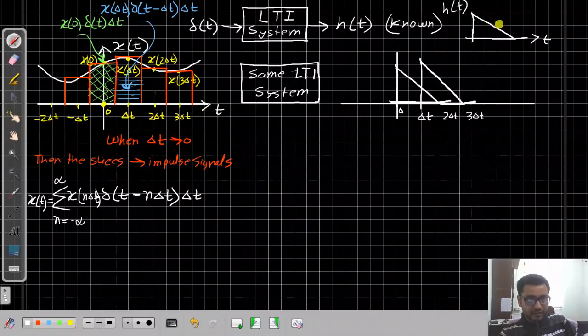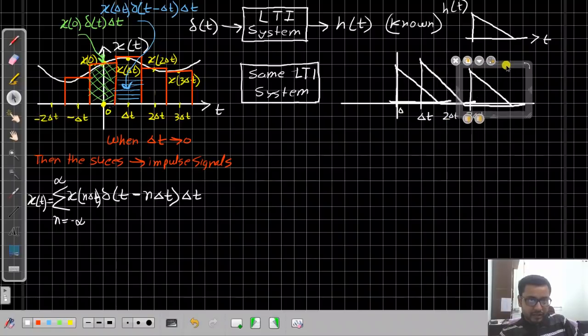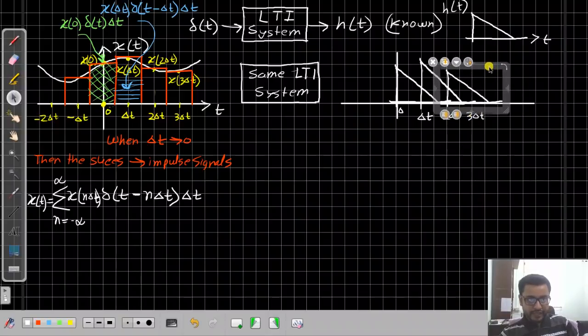So I will again copy and paste it and put it at time t equal to 3 delta t, and then I shall adjust the height depending on the area under this impulse. Okay, this should be at 2 delta t, yeah, and then one more I need for 3 delta t.